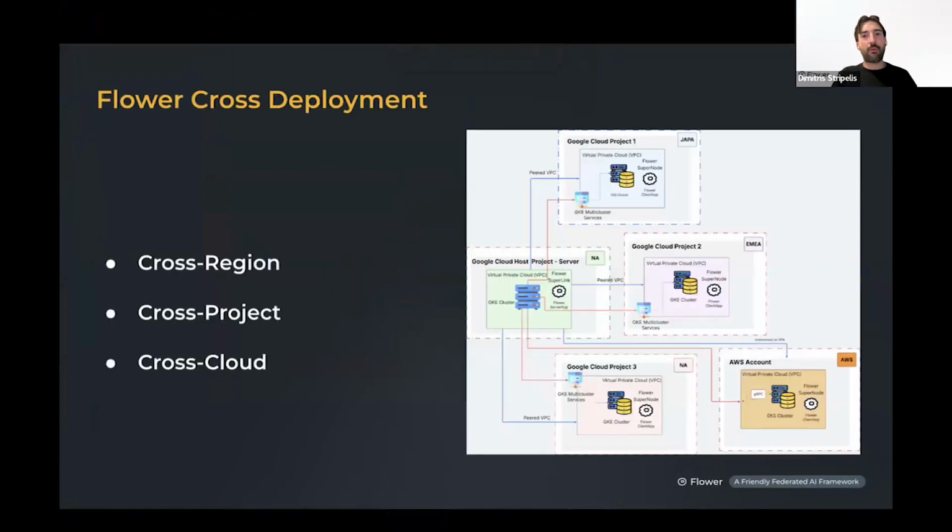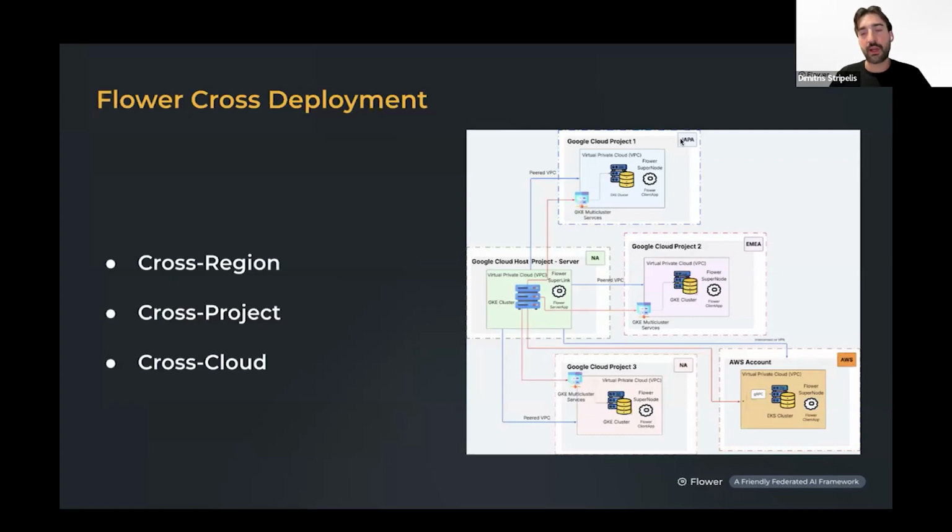So one more item that I want to emphasize here is the Flower cloud deployment. So far, what we show is basically how we have been able to deploy a cluster that is on a specific region and belongs to a specific project. Now, what we can easily extend to is run Flower across different regions and different projects, and of course, across different clouds.